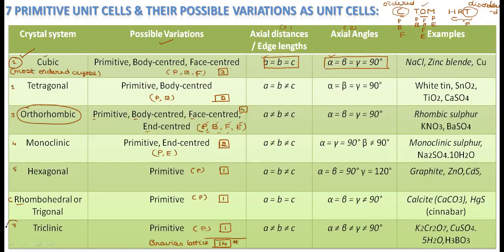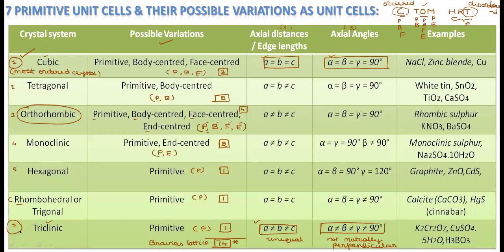Now, the last one, triclinic. Here, all the edge lengths are unequal and none of the axial angles are mutually perpendicular. This explains why it is the most disordered system, because of the unequal edge lengths and axial angles that are not perpendicular.